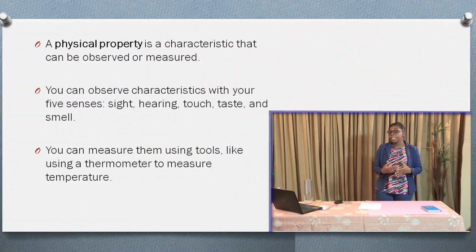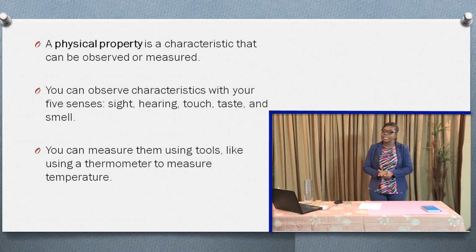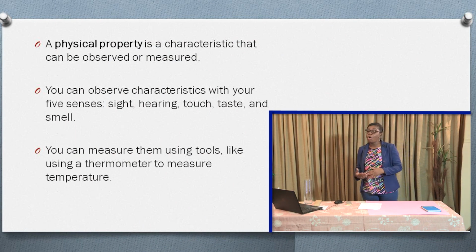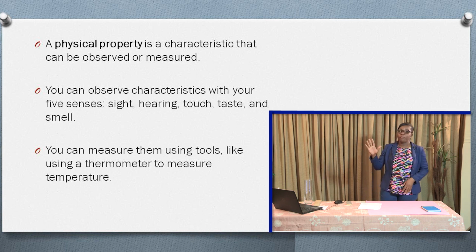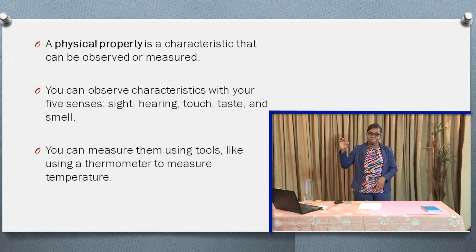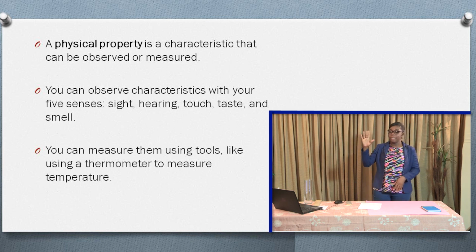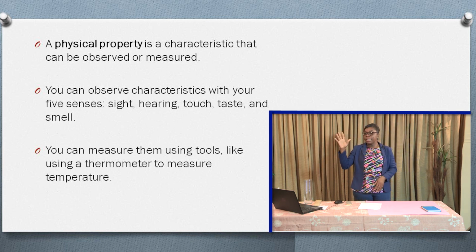What then can you say a physical property is? A physical property is a characteristic that can be observed or measured. When we observe those characteristics, we use our 5 senses: touch, sight, hearing, feeling, and what else? Do you know your 5 senses? Good. So when we're looking at physical properties of a substance, we can use our 5 senses.